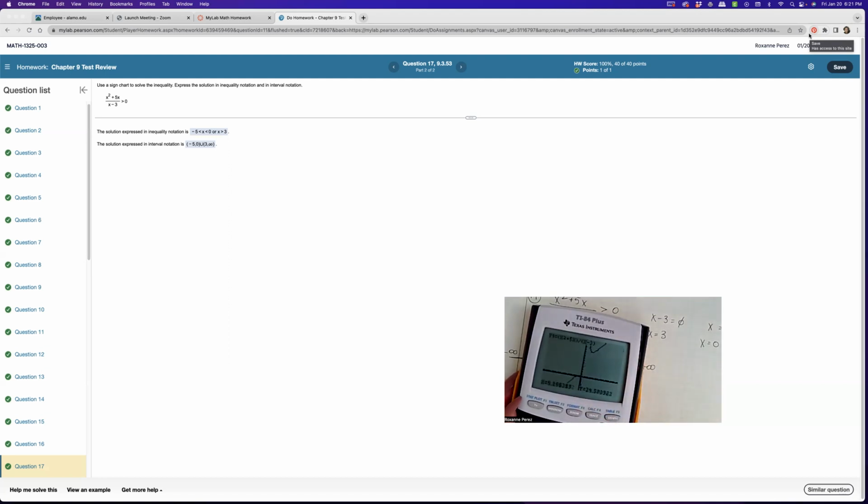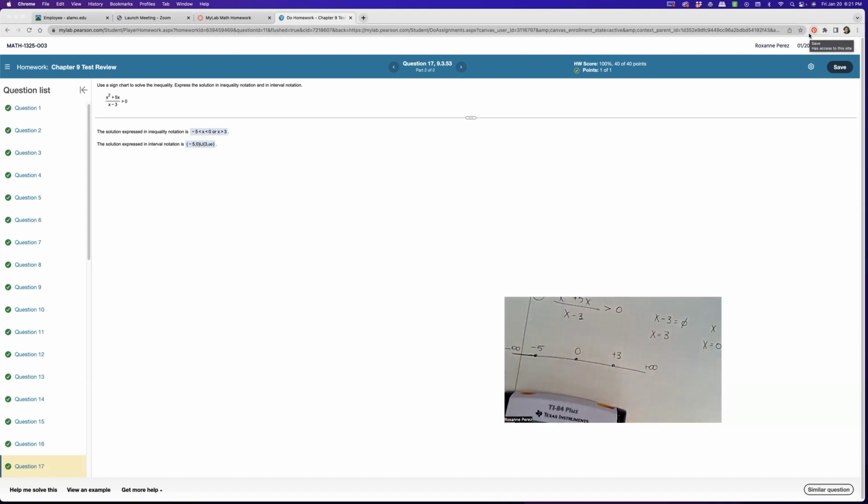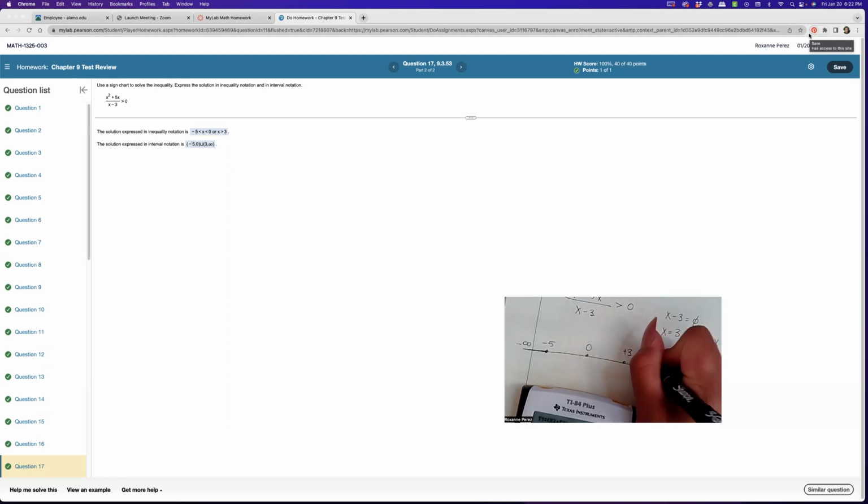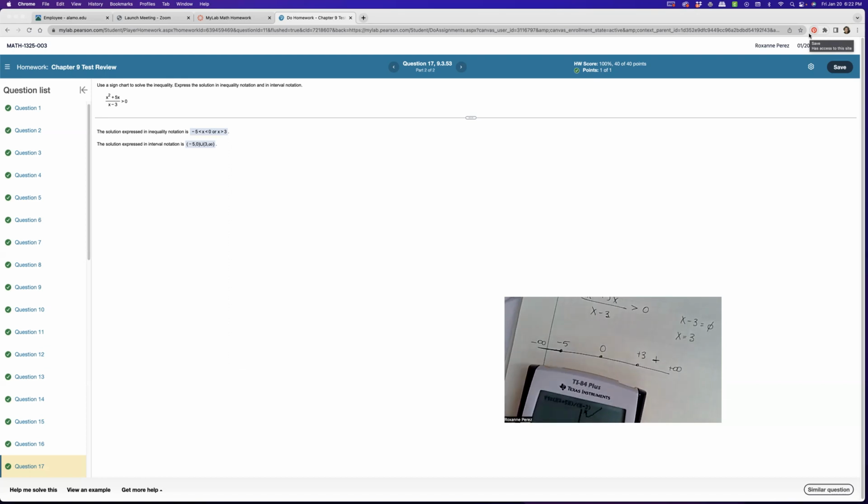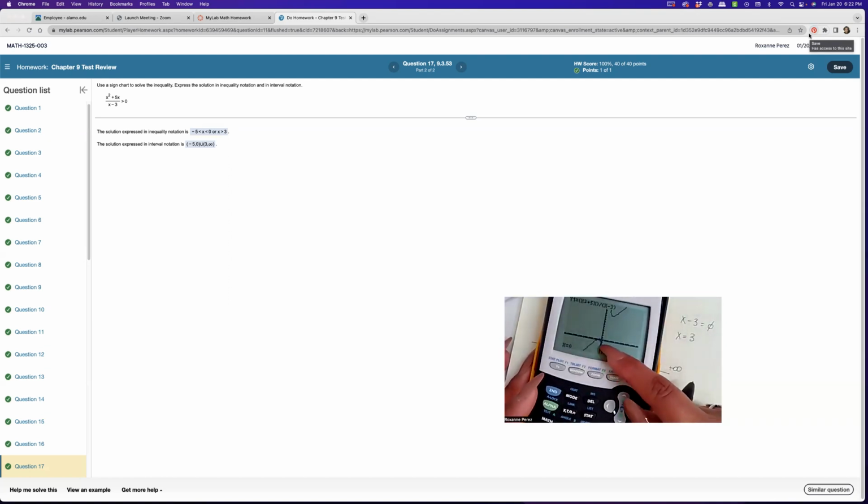So everything from 3 to positive infinity, all of our y values within this area are positive, so greater than 0. From 0 to 3, they were over here on this portion of the graph, and our y values were all negative.